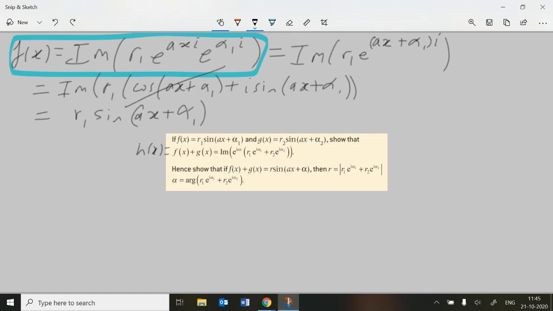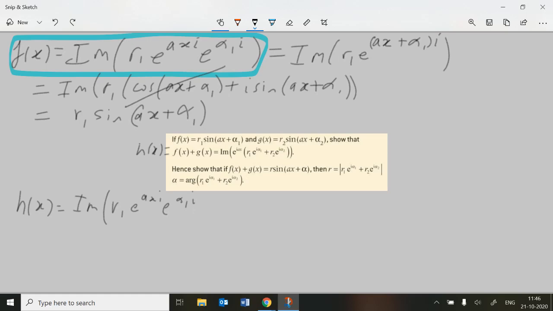Well, that's going to be the imaginary part of this one added together to the imaginary part of the other one. So we've got here h of x is going to be the imaginary part of this r1 e^(ax i) e^(alpha 1 i) plus the imaginary part of this thing here, essentially with r e^(ax i), but with r2 there and e^(alpha 2 i).